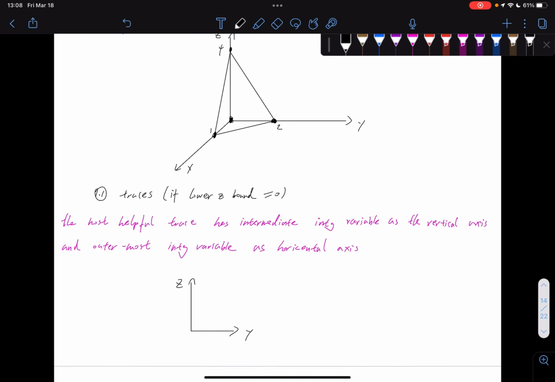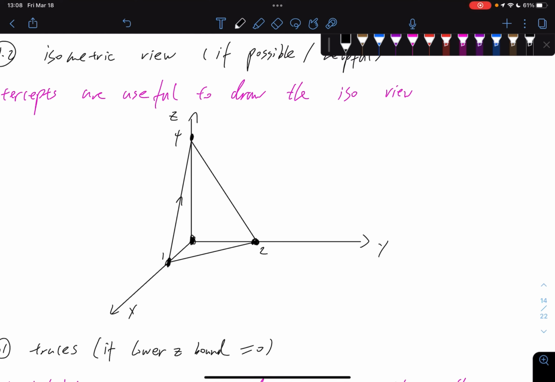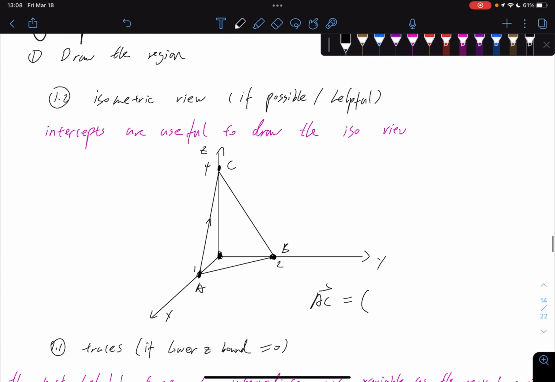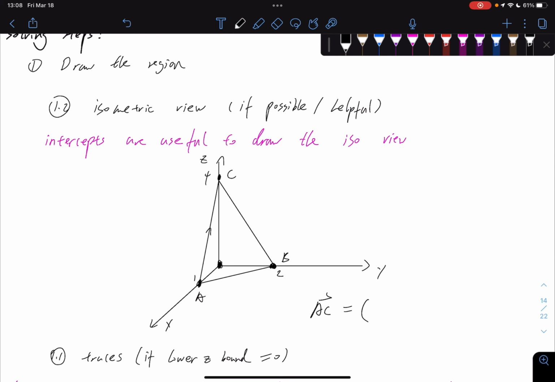I'm going to find the vector of this. I'm going to label these points A, B, and C. So AC will give me 1 minus... so C is 0, 0, 4, and A is 1, 0, 0, B is 0, 2, 0.